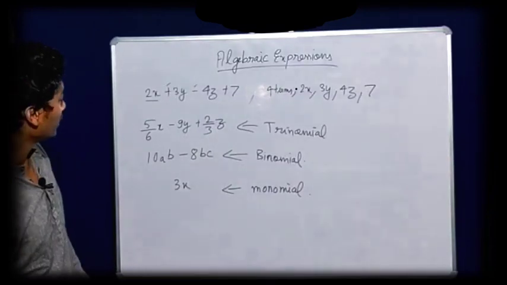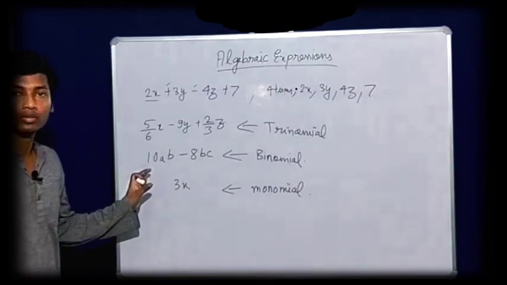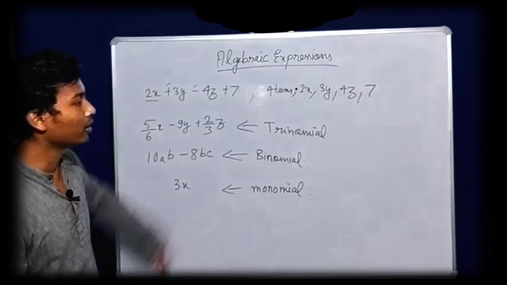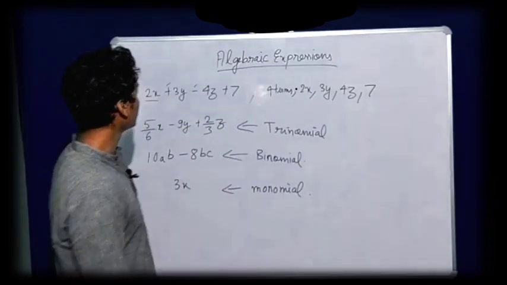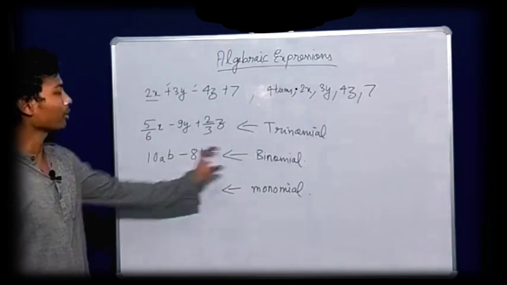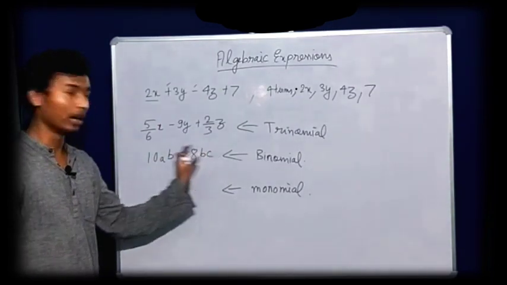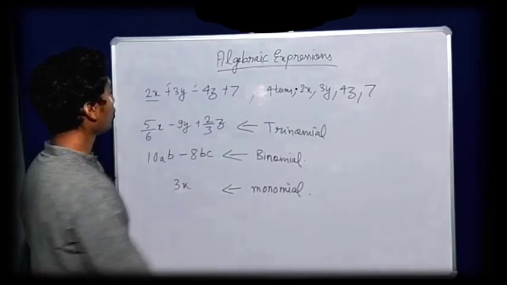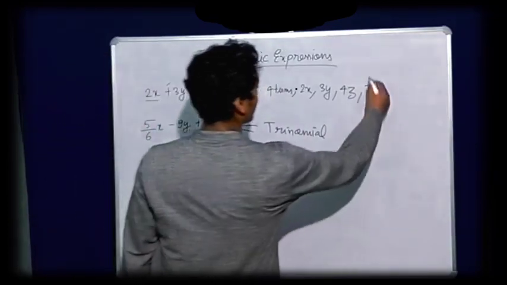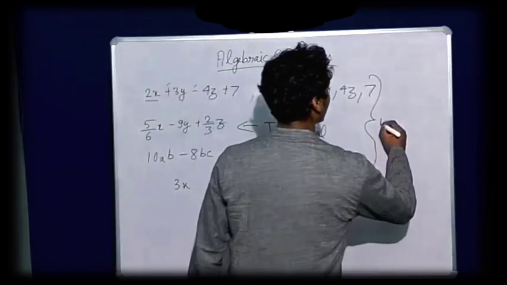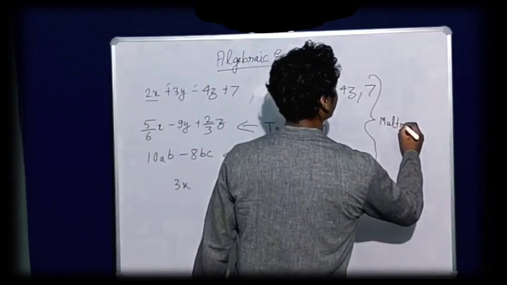Now basically, when we have 2 or more than 2 terms, they are termed as multinomials. So here we have some special name for 2 terms, 3 terms, but anyways they can also be termed as multinomials. So 2 or more than 2 terms can be termed as multinomials.